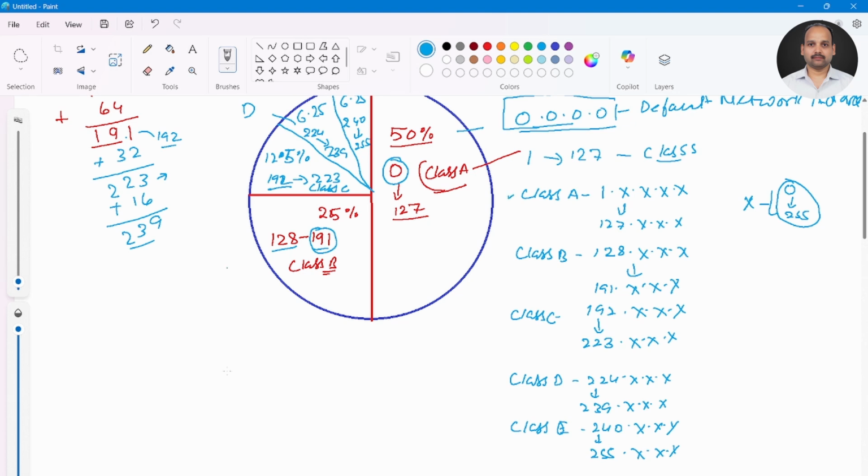Class D is used for multicast only. So whenever you see an IP address in this range, you have to recognize that this IP is reserved for multicast. And from 240 to 255, this is experimental. You will not be able to put this range in your system or your network equipment.